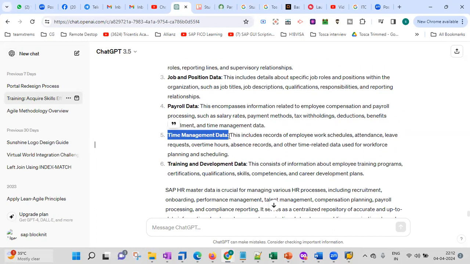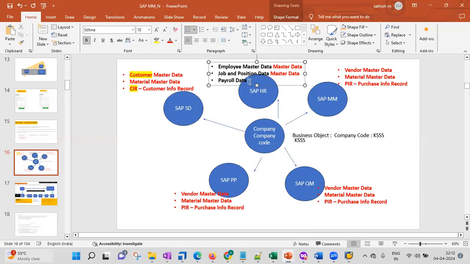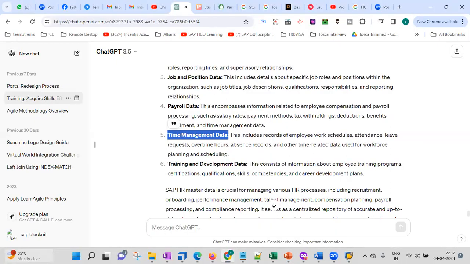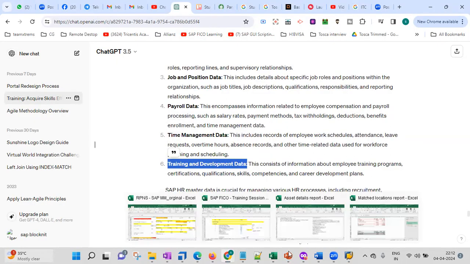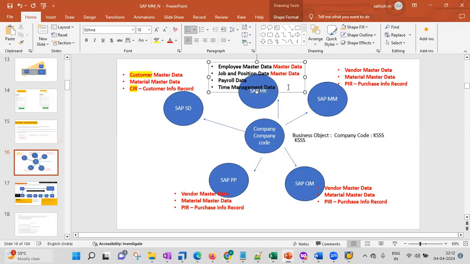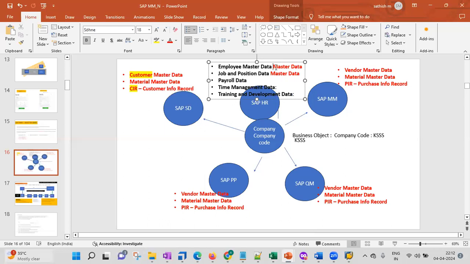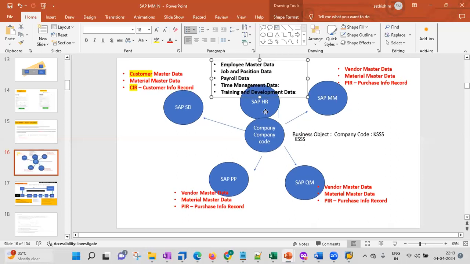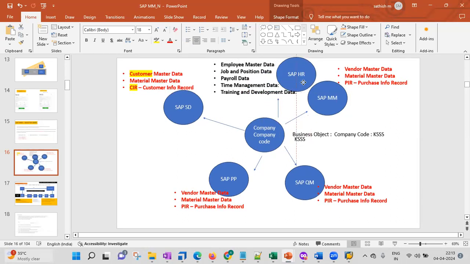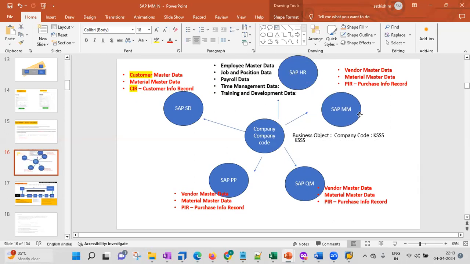Time management data, and another one is training and development data, because this will be useful. So let me write for you. I'm writing that. So these are the master data for SAP HR related. Let's keep it like this.